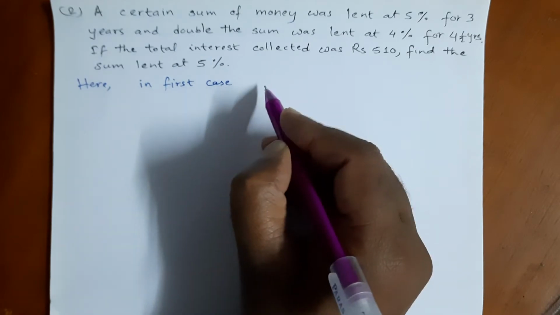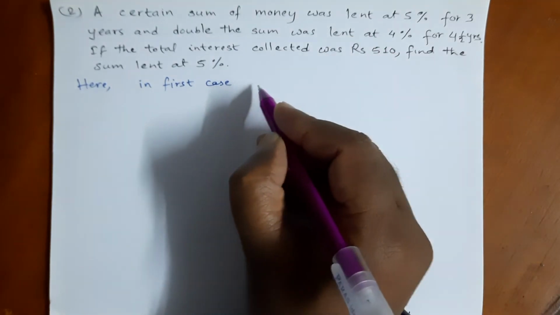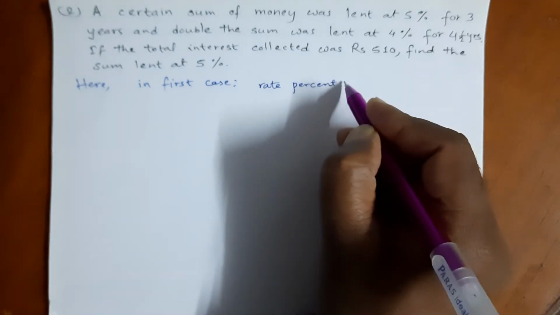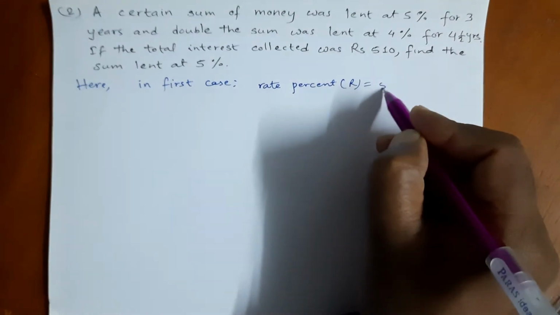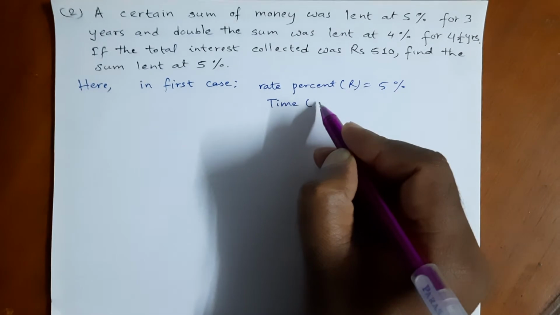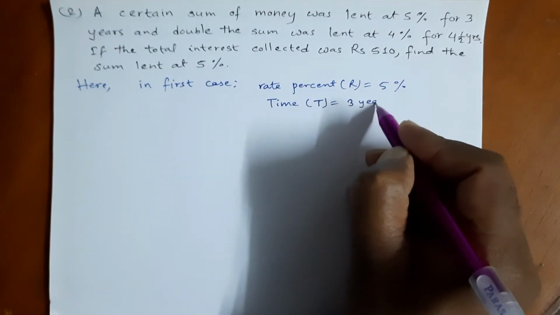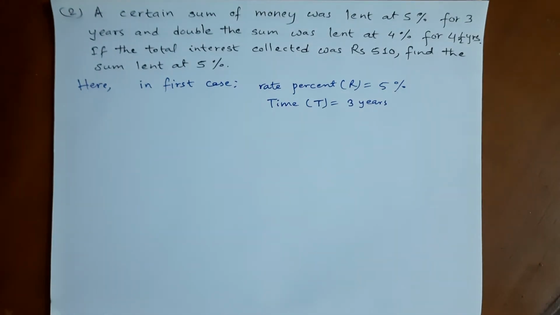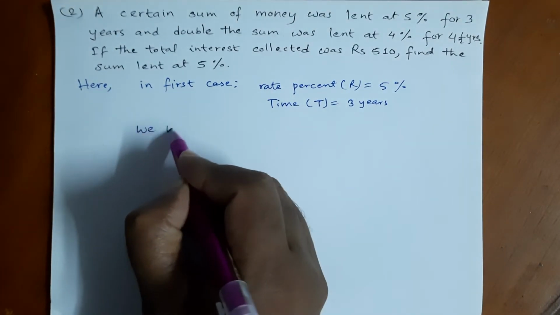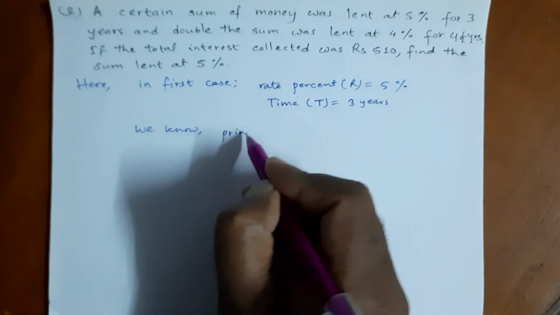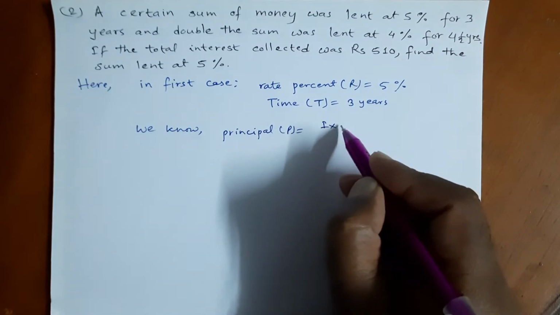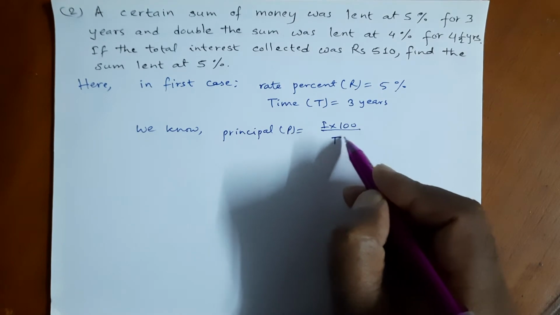In the first case, rate percent r equals 5% and time t equals 3 years, and principal p equals I times 100 over tr.